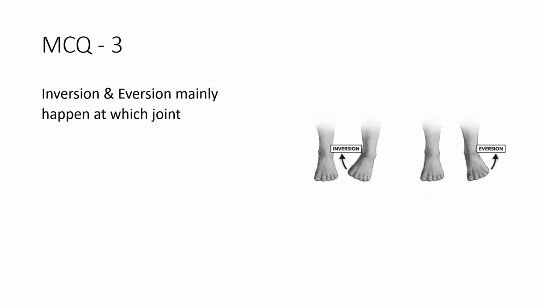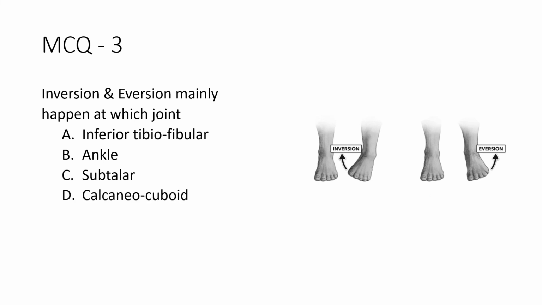Now, inversion and eversion movements. Again see the pictures for understanding the inversion and eversion movements. In which joint do they take place? Is it the inferior tibiofibular, ankle, subtalar, or calcaneocuboid? Which is the joint? The right answer is the subtalar joint. Hope it is clear to you.